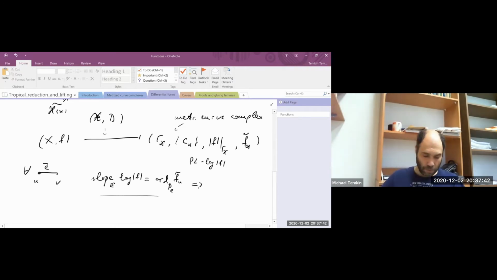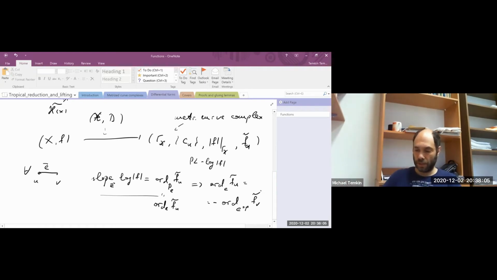In particular, this implies that, and usually I'll just write order of e by a slight abuse of notation, the order at e of f_u equals minus the order at e of f_v.